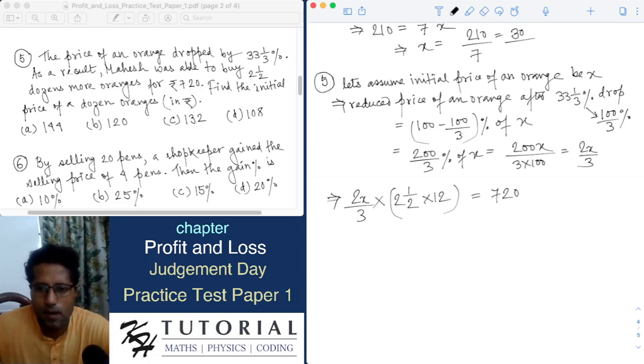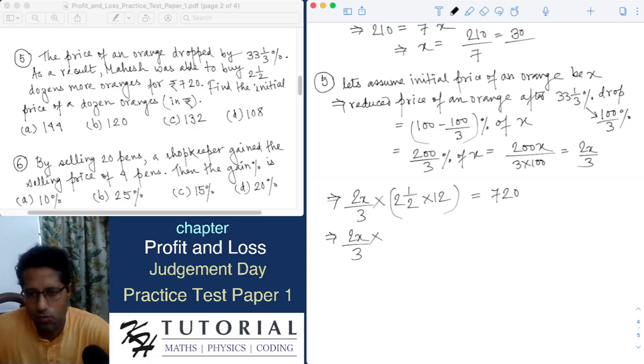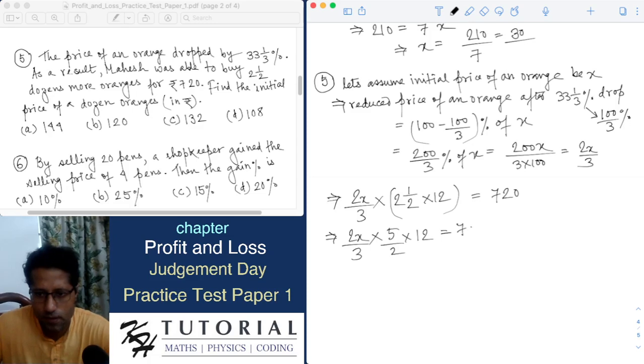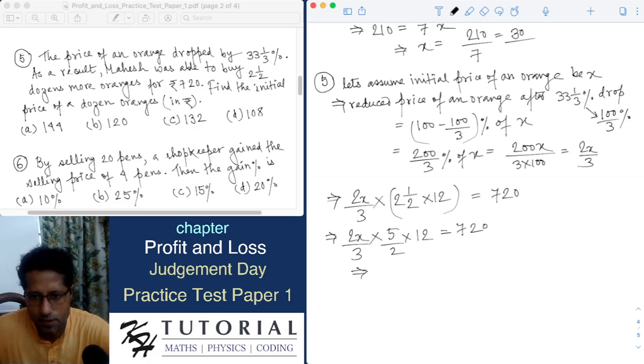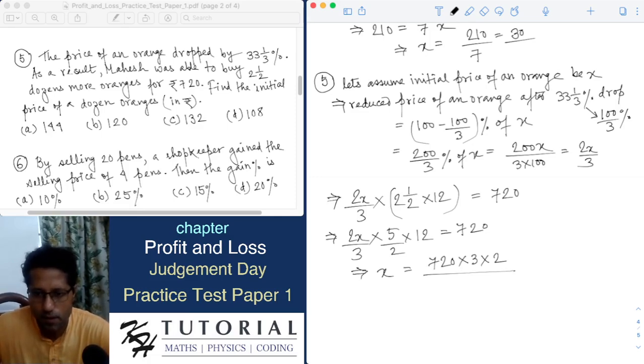Now this implies, if you simplify the left hand side, 2.5 means 5 by 2, into 12 equals 720. From here we can say that x equals 720 multiplied by 3 multiplied by 2, divided by 2 multiplied by 5 multiplied by 12.